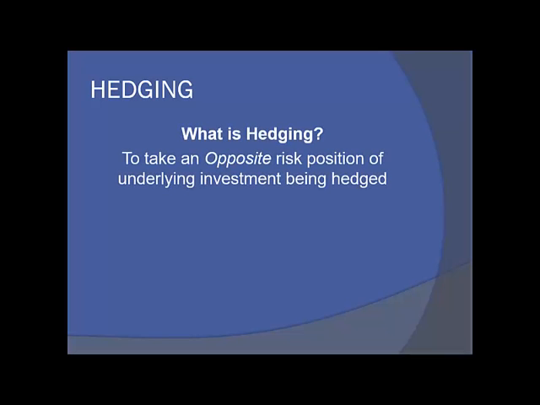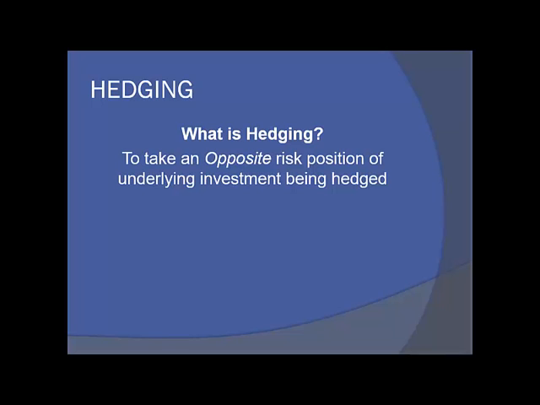So what is hedging? You want to take an opposite risk position of the underlying investment being hedged. Just a simple explanation of this. Let's say you have an investment and you're expecting a 20% loss. So before the maturity, you invest in a derivative that is estimated to have a 20% gain.